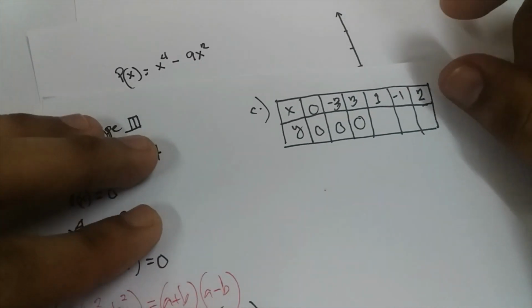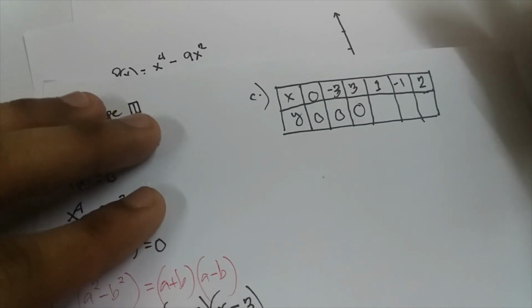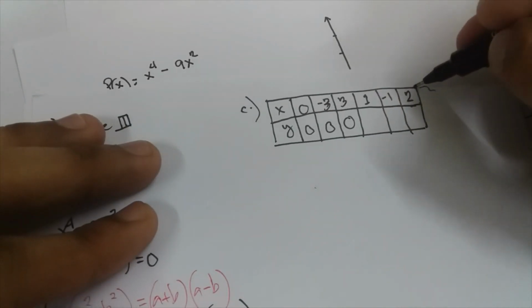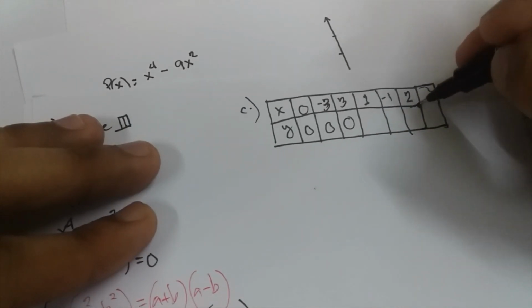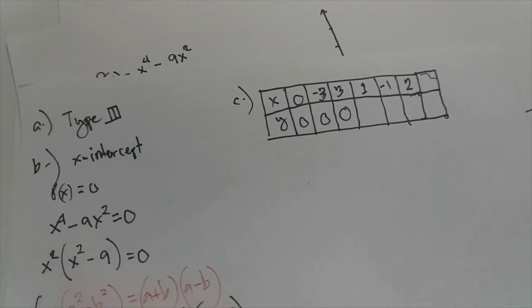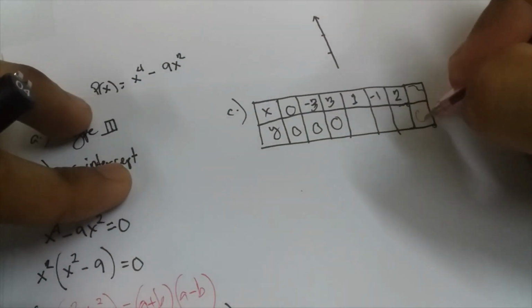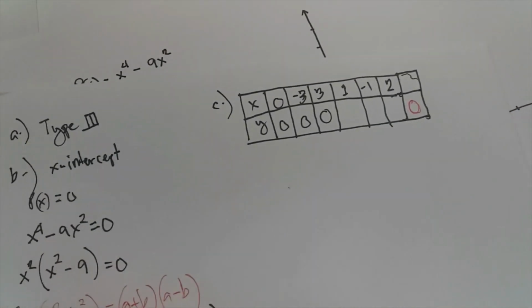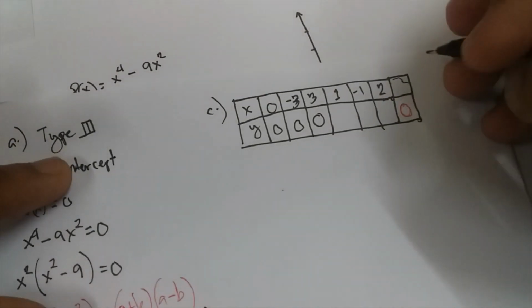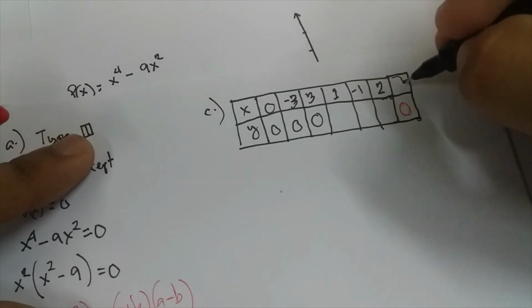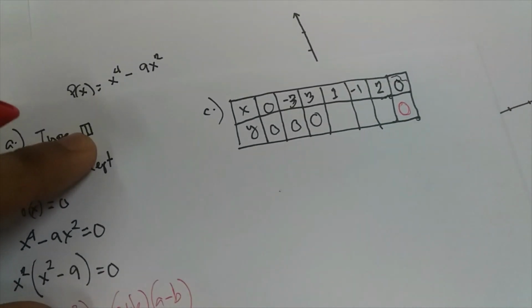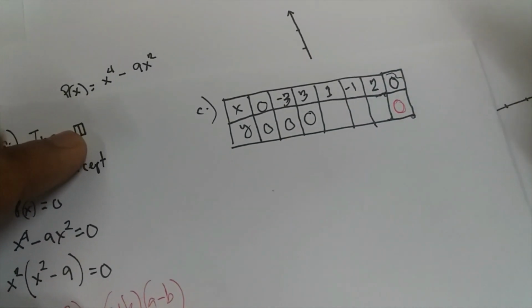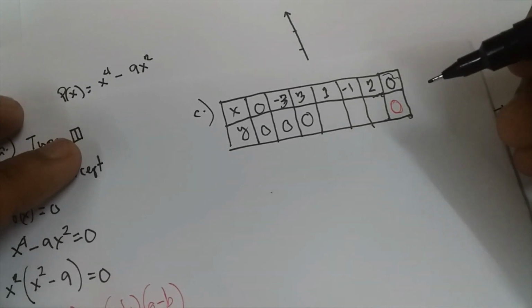Okay, next, we can also include our y-intercept here. The red one is our y-intercept. It follows that if x is 0, y is also 0. Okay, so next, when x is positive 1, it's the value of your y.